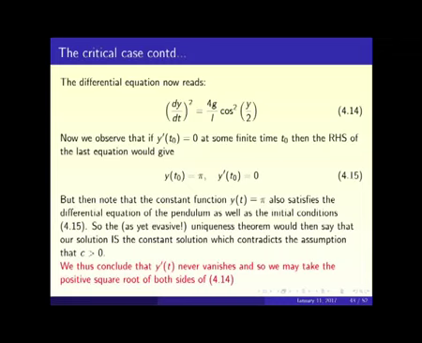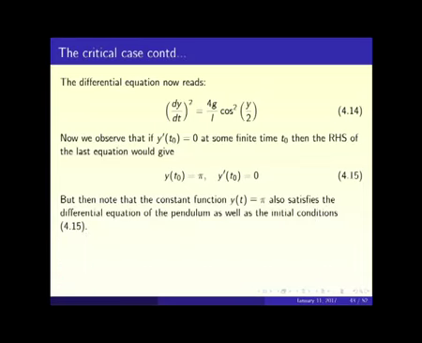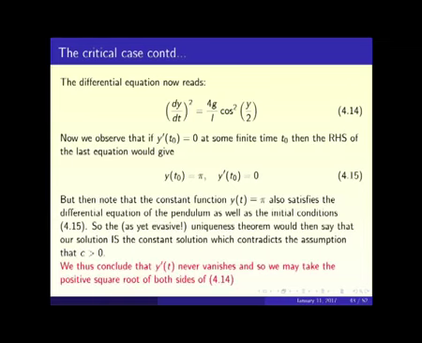And so, once again the evasive uniqueness theorem that we have not even stated can be appealed to, and we see that our solution was a constant solution. But that is not the case, because if it is a constant solution, the derivative must be 0. We are assuming that c² is 4g/L.